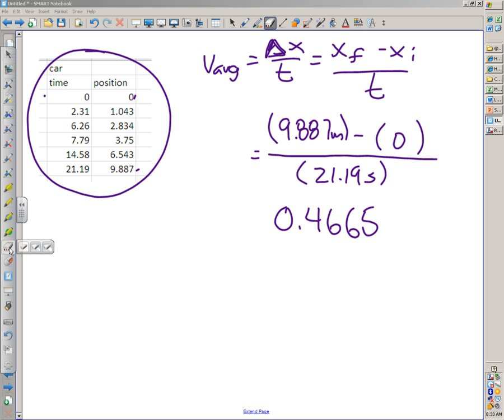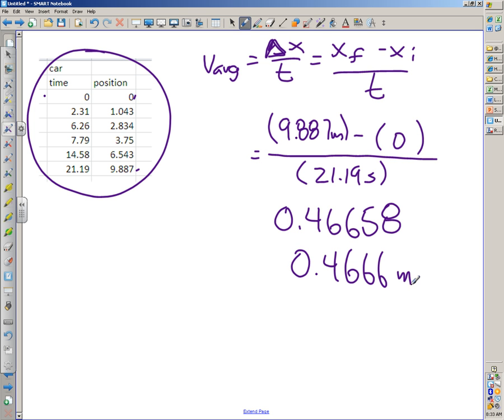But if it's 4.6658, that means that we should round that to 4.666 meters per second. And that would be the average velocity for that car's trip, which is great.